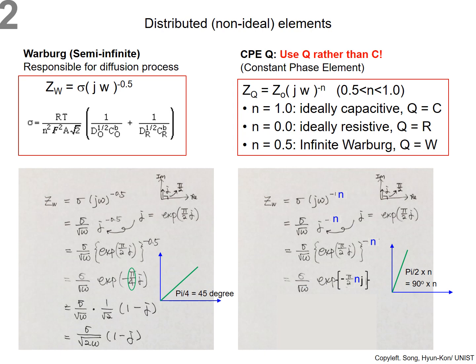I'd like to give you two more elements, which are called non-ideal or distributed elements. The first one is the Warburg element. The Warburg element is responsible for the diffusion process. The impedance of Warburg is equal to sigma times j omega to the minus 0.5.